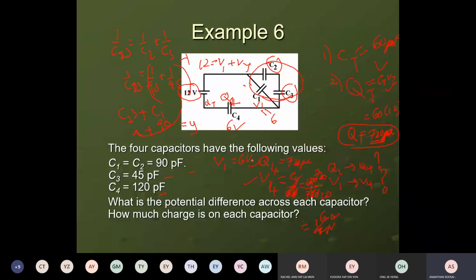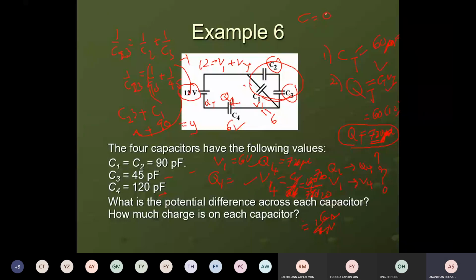After V1, what can you find? Q1. After V1, you can find Q1, correct? Okay, find the Q1 for me. V1 you know, C1 you know, can you find Q1? Okay.